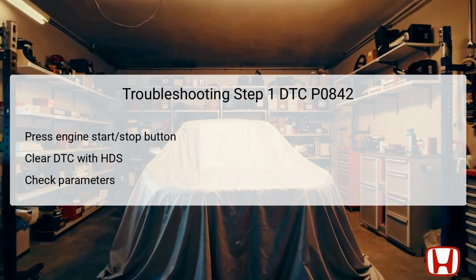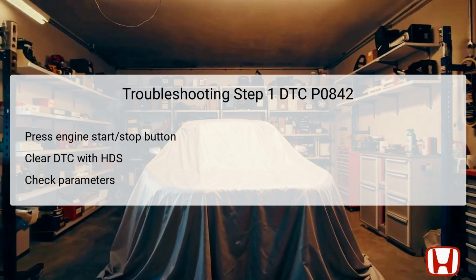Afterwards, check the current conditions of the transmission fluid pressure switch by looking at the signal and threshold values displayed on the HDS. This will help determine if the conditions align with the expected parameters.